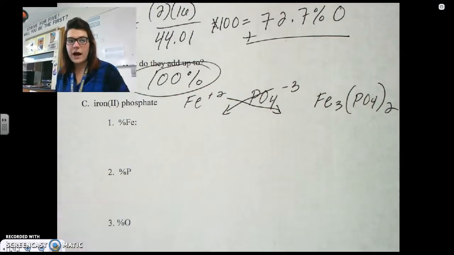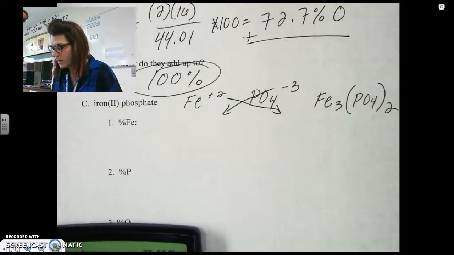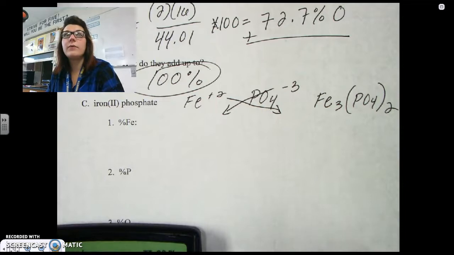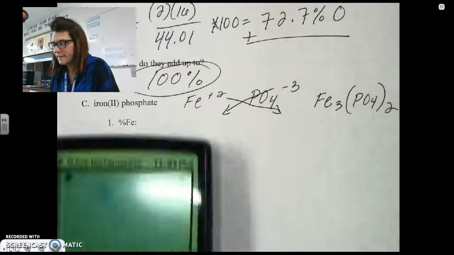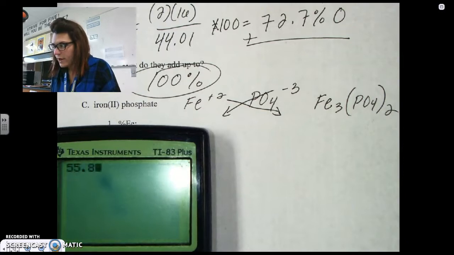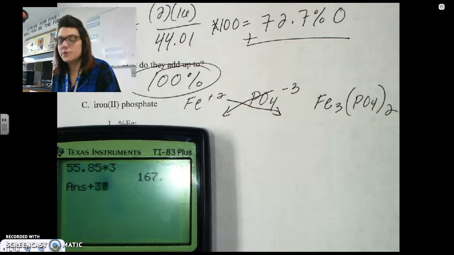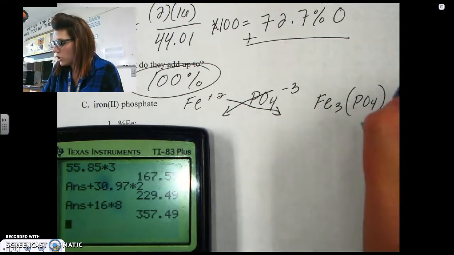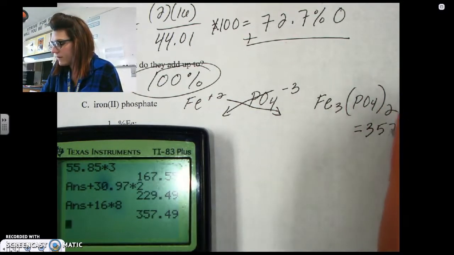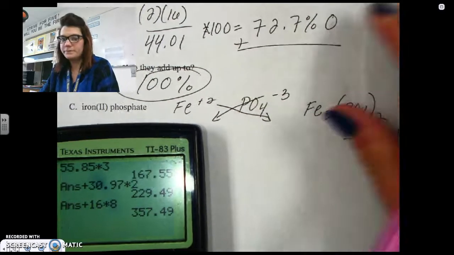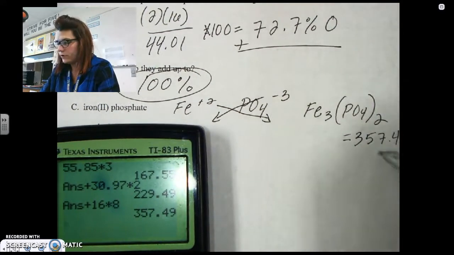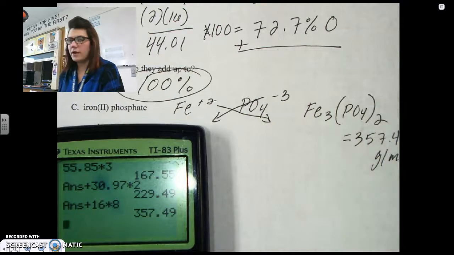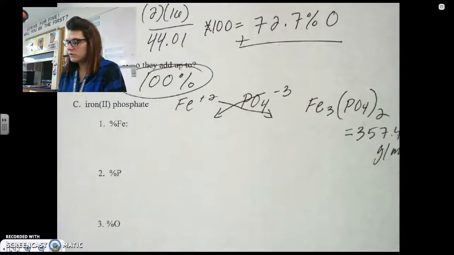So iron weighs 55.85. So I'm going to have 55.85 times 3 plus phosphorus, which is 30.97 times 2 plus 16 times 8. So this total is 357.49 grams per mole.